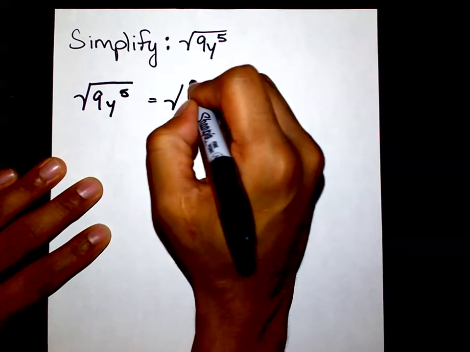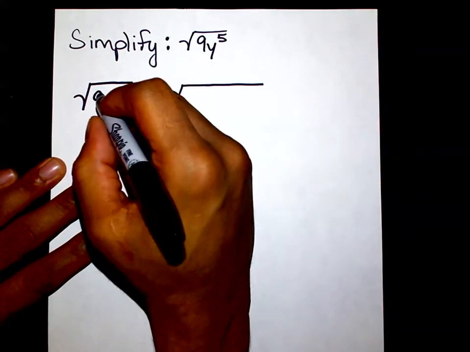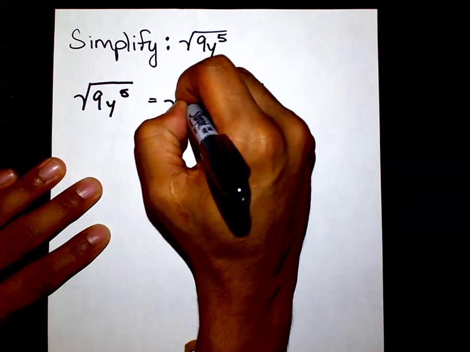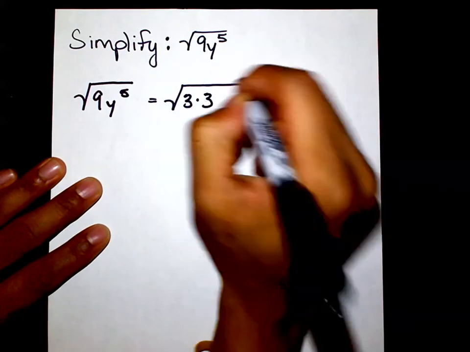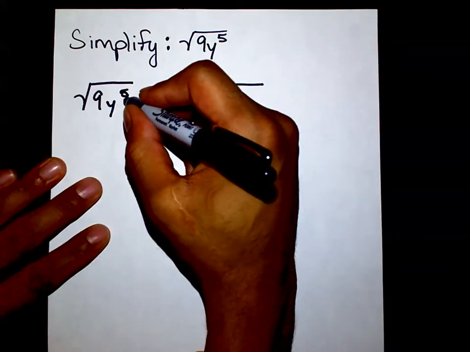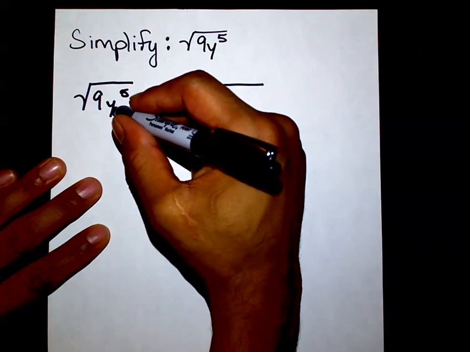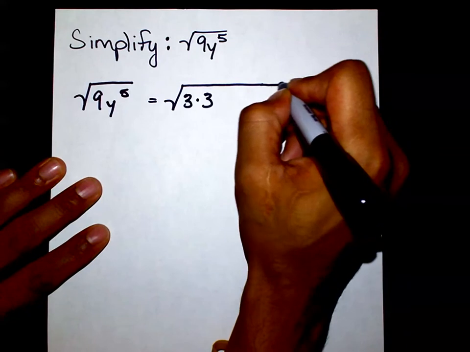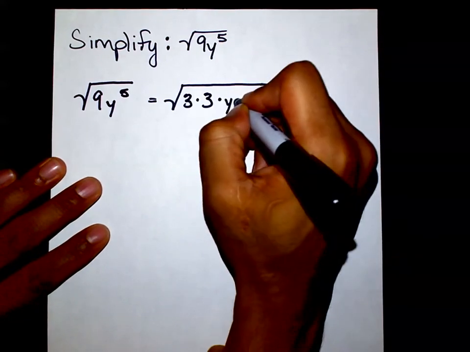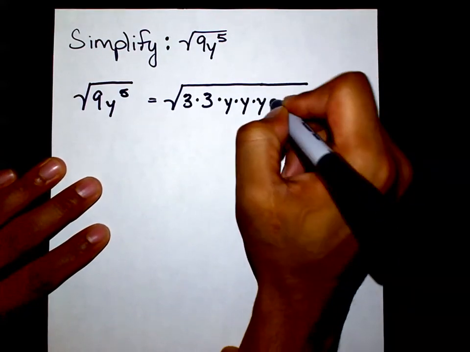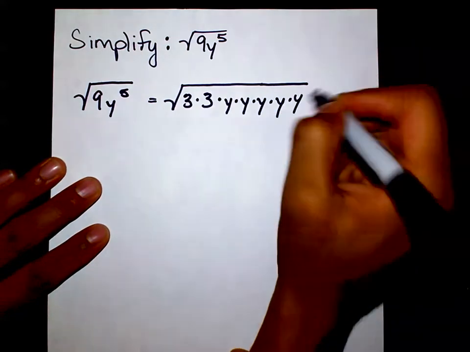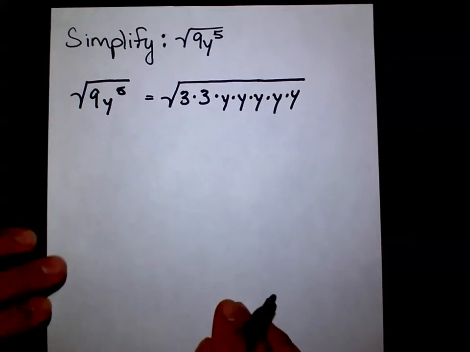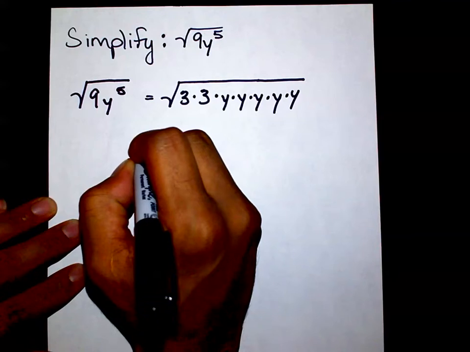So I know I can break 9 down into 3 times 3, and I can break this y to the 5th power, you rewrite that as y times y times y times y times y. Okay, 5 y's.